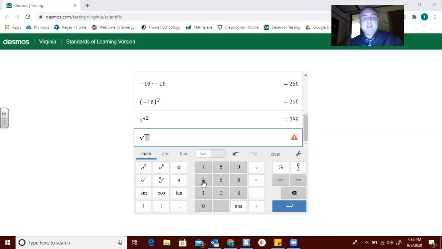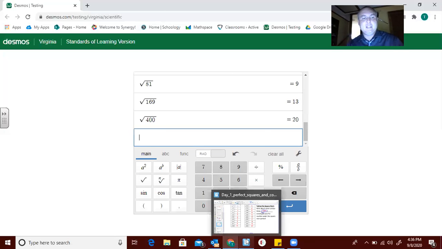So right here, I can put in the square root of 49. Bam, I get 7. Square root of 81. Bam, I get 9. Square root of 169. 13. One more. Square root of 400 equals 20. So there's a lot of use you can have with Desmos with this. Certainly makes it a lot easier for you guys.